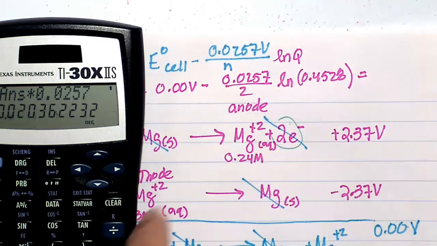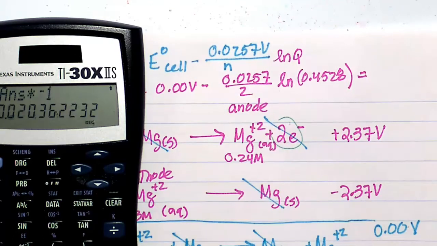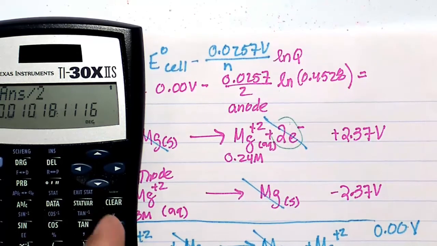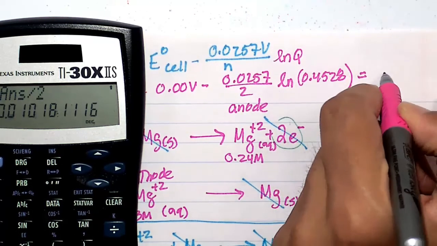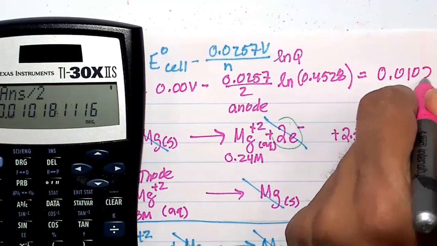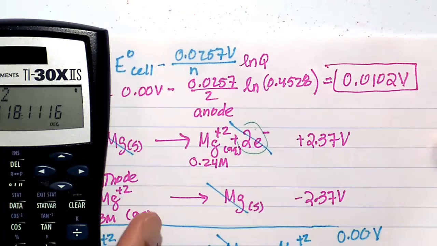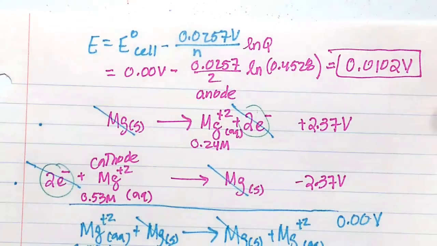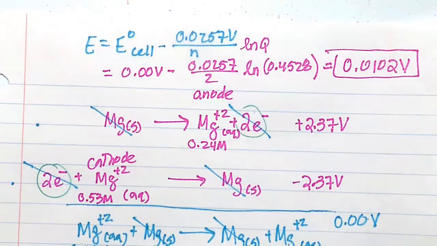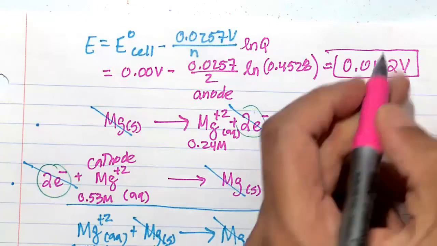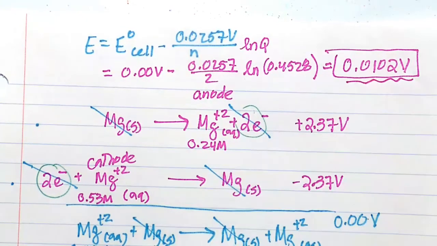We have a minus here, so to take into account we have to put the minus, so the minus into minus becomes plus. Don't forget divide by 2, and that plus 0 gives us our final answer of 0.0102 volts. So very interestingly enough, if you have magnesium solid with magnesium ion, one can be the cathode, one can be the anode, and you can actually get a battery, very weak battery, of about 0.0102 volts.